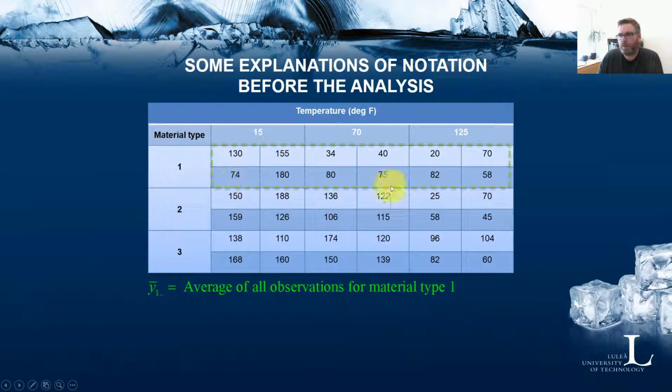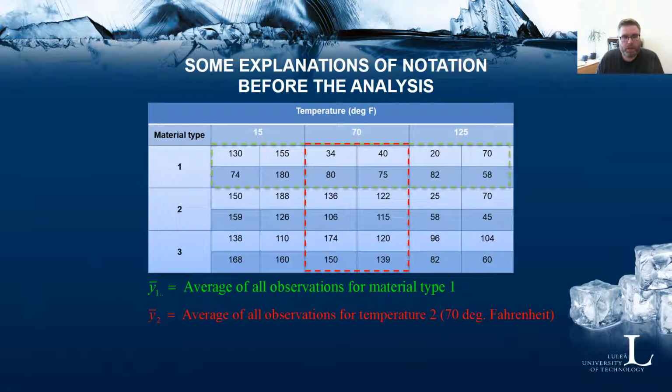All of these observations, we can calculate the average of them, and we can call that y bar 1 dot dot. We can also calculate the average of all observations for temperature 2, or 70 degrees Fahrenheit, which are these observations, and we can call that average y bar dot 2 dot.